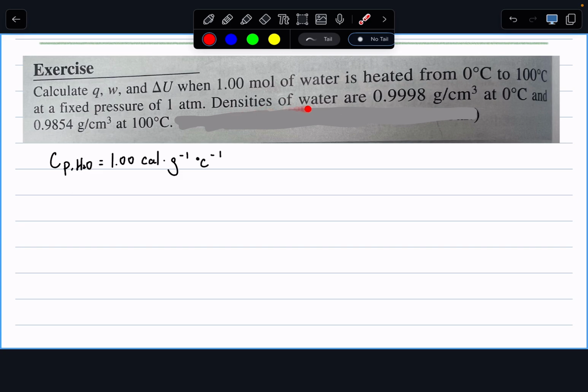It's giving us the density of water, and also the heat capacity at constant pressure of water, assuming our heat capacity is constant. So in this process, it's asking us to calculate heat, work, and internal energy. And looking at the relationship, we have means to calculate our work and also heat transfer, so we can do it together.